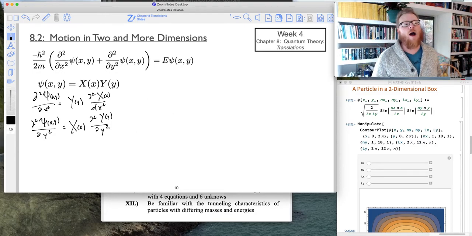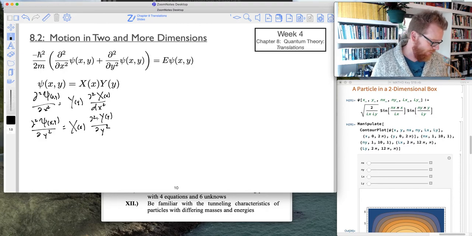And so now I'm going to make a substitution up here. See where I wrote second derivative in x of psi xy, second derivative in y of psi xy. I can now replace those with these two separable solutions, okay? And that goes as follows. So we'll say substitute, all right?